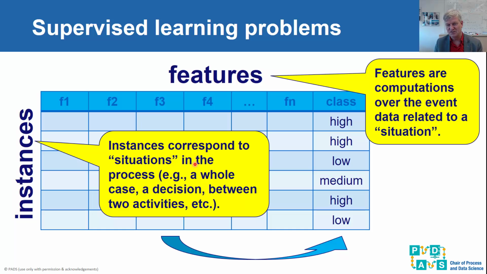And then we have such a derived target feature. And then we should think, okay, what are now our descriptive features? And descriptive features could, for example, be how often have I executed an activity? Or which person worked on that activity? Or what was the address of the customer? And we can take all kinds of elements into this feature representation to predict the flow time of a case.